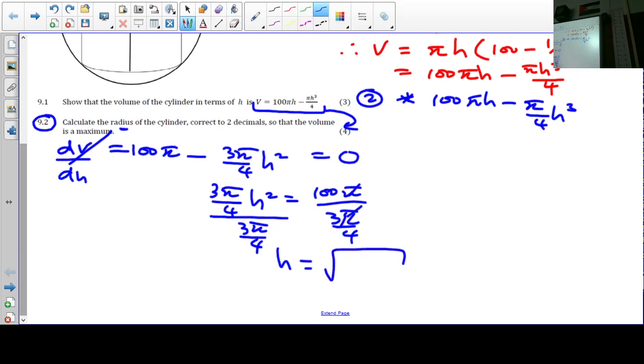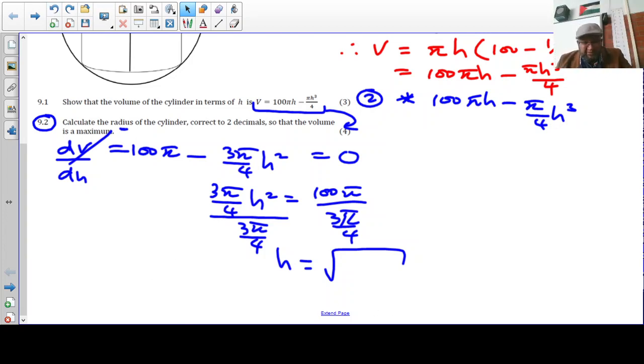The pi's will definitely cancel, but let's put it into the calculator.